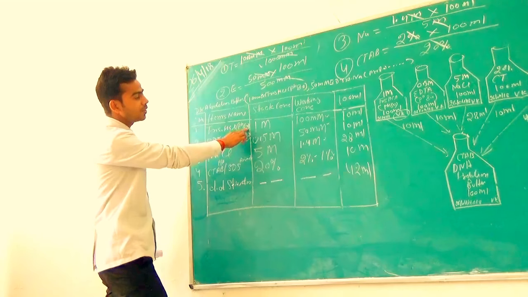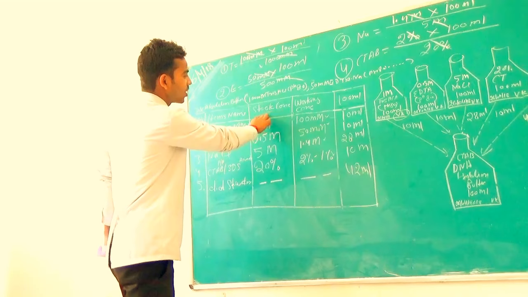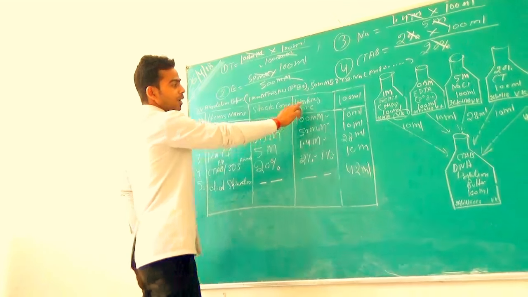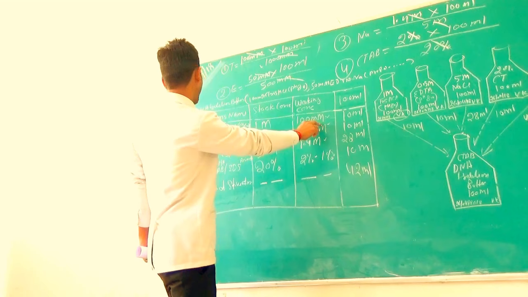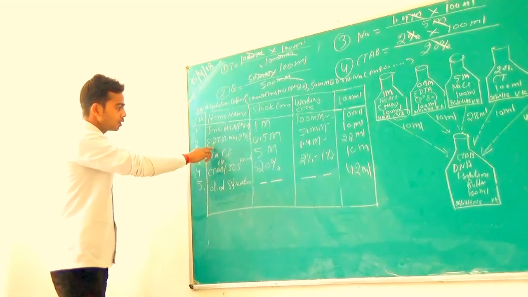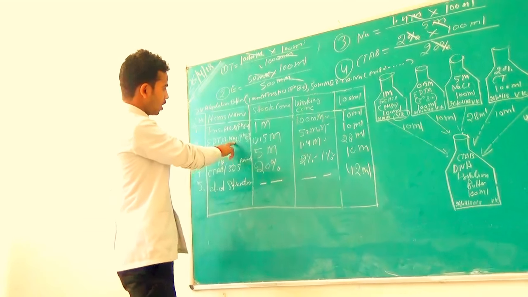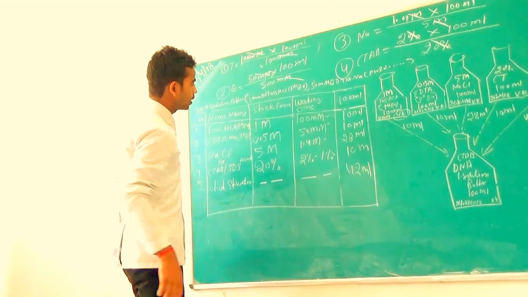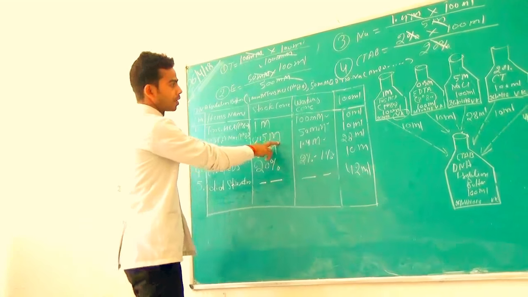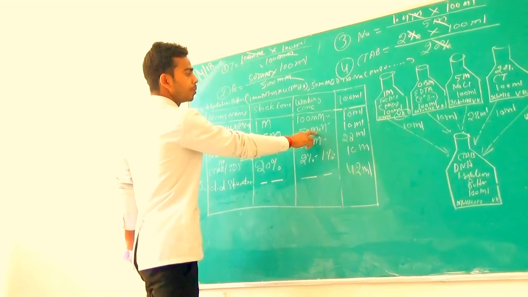Tris HCl, pH 8.0, stock concentration 1 molar and working concentration 100 millimolar. And second number is EDTA, Na2, pH 8.0, stock concentration 0.5 molar, and working concentration 50 millimolar.